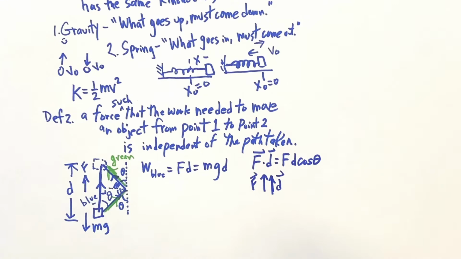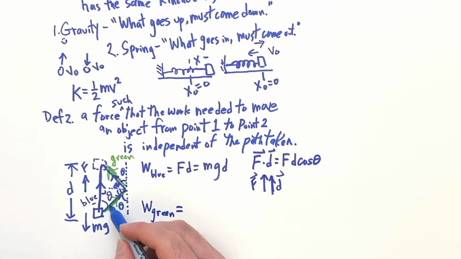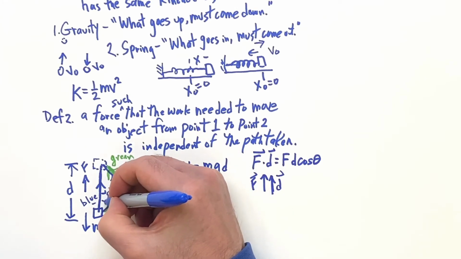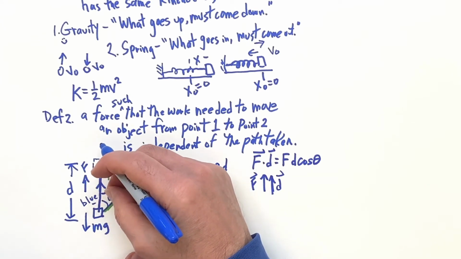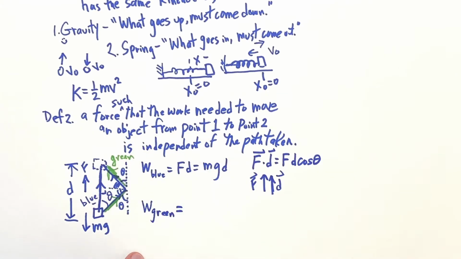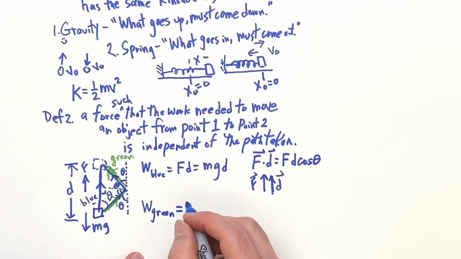So if we go with the green path now, we're still going to be applying the force upward. It'll be moving a little bit to the right like that, but the force that we're applying is upward to counteract gravity.